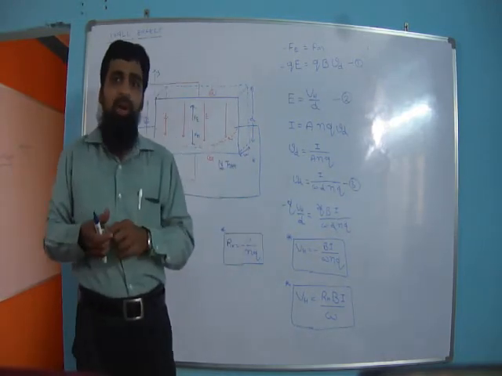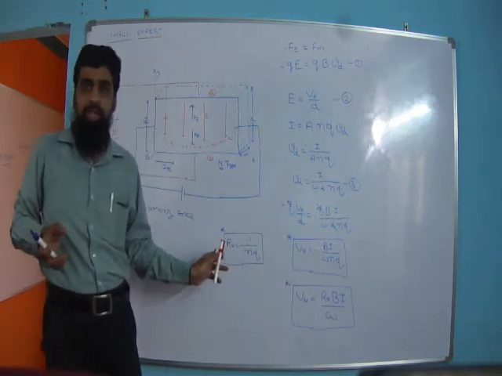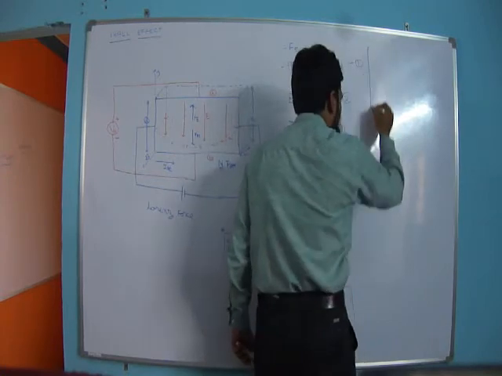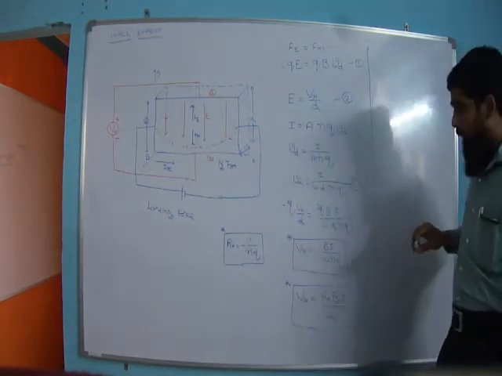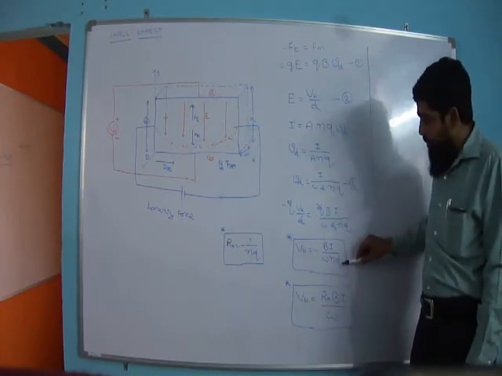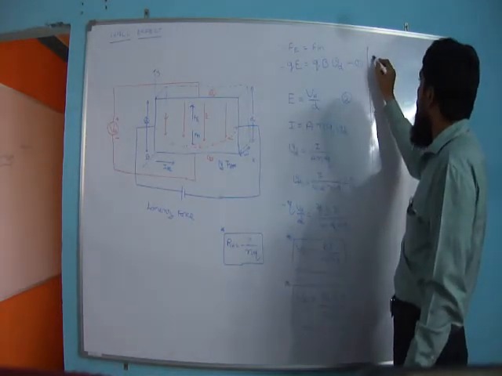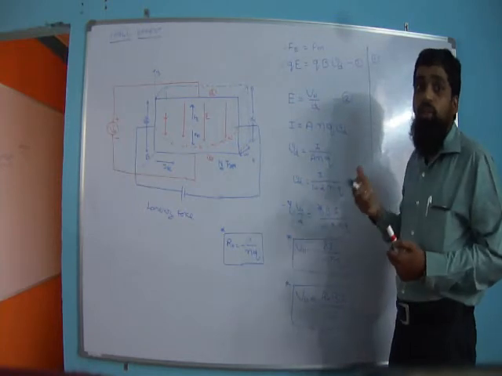Now let us see some applications of the Hall effect depending on these expressions. One application of the Hall effect, as we have seen in our last class, is that for an N-type semiconductor this charge is negative, so negative into negative, positive, you will get a positive voltage, whereas for a P-type semiconductor you will get a negative voltage.